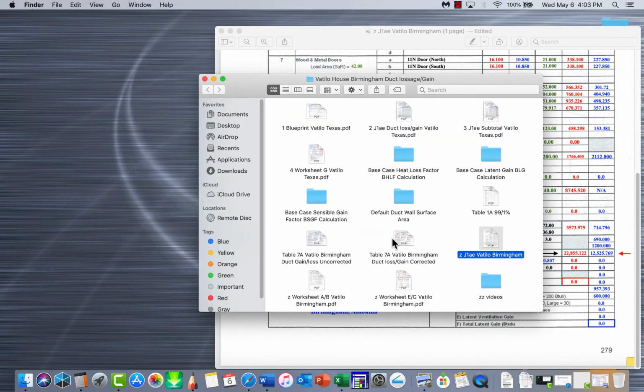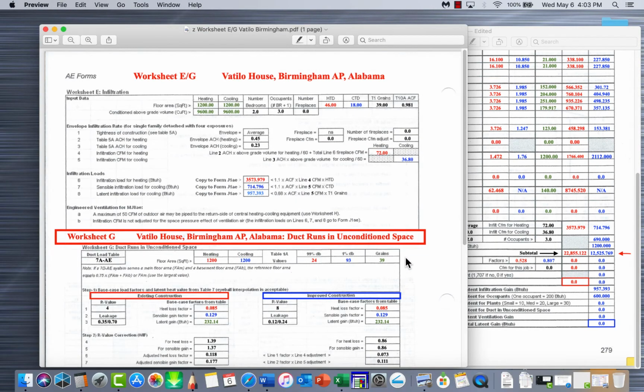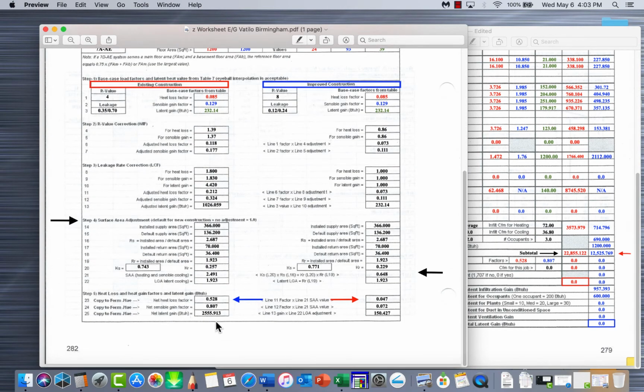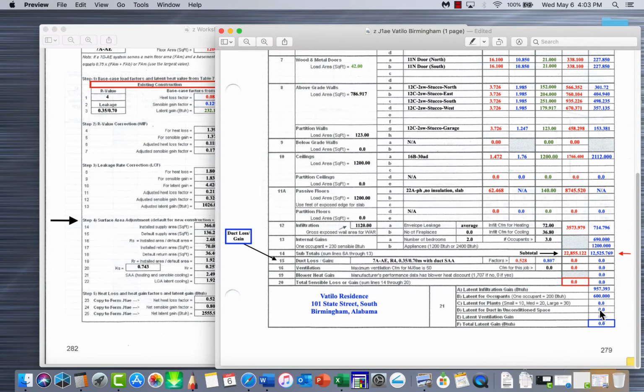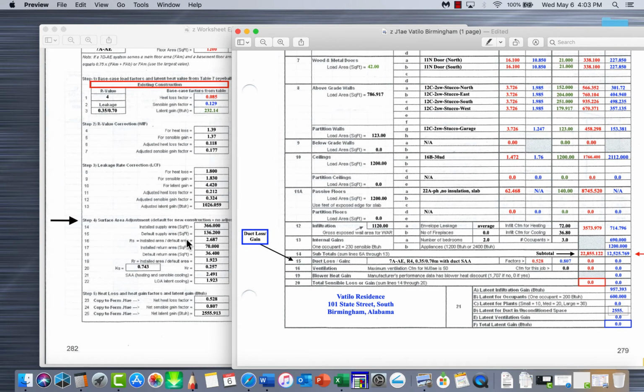Let's close some of this so we're not working all over ourselves. So we got 2555.938. So that's going to go right here in 24. 2555.913. There we go.